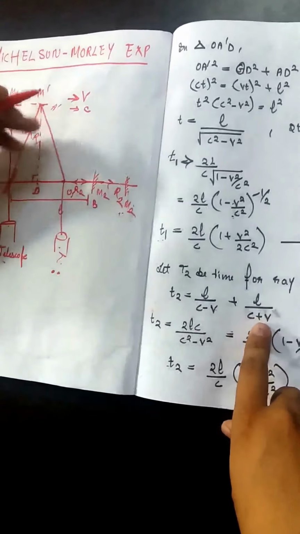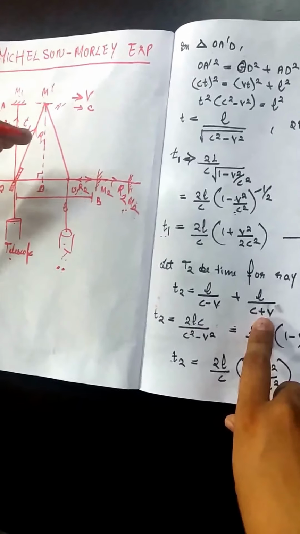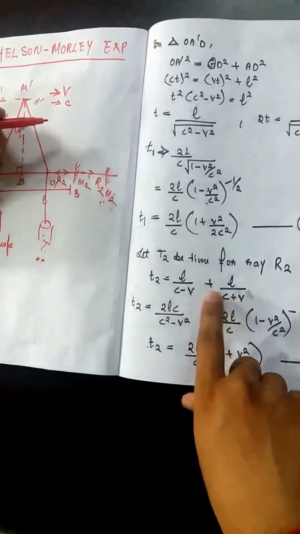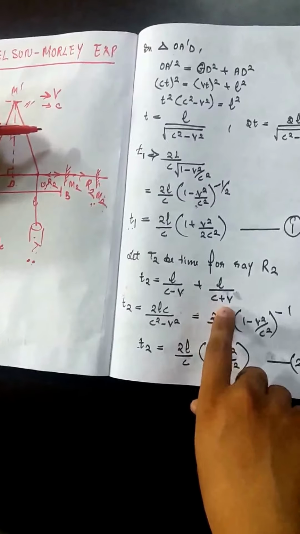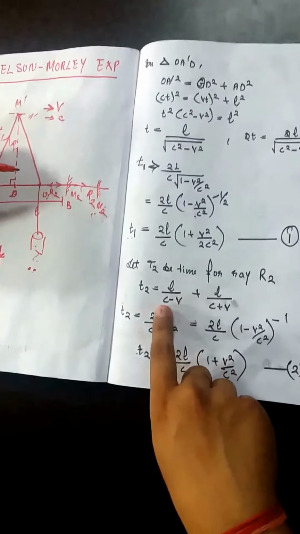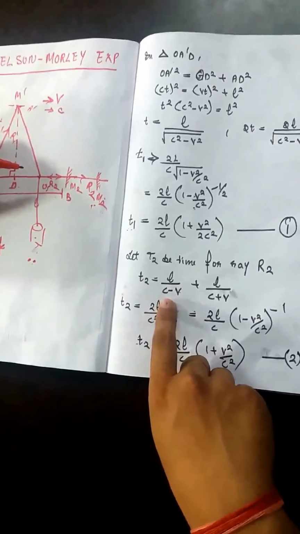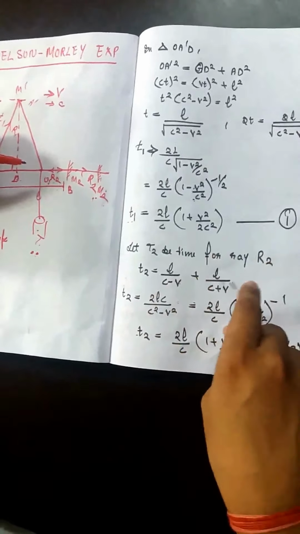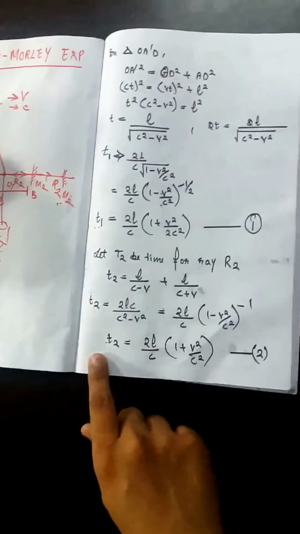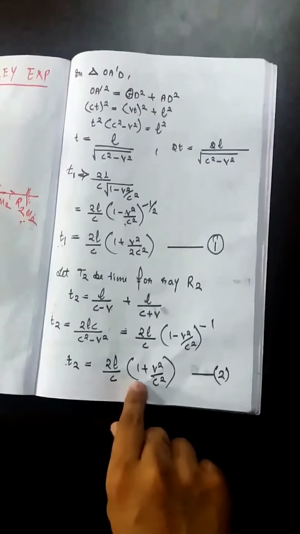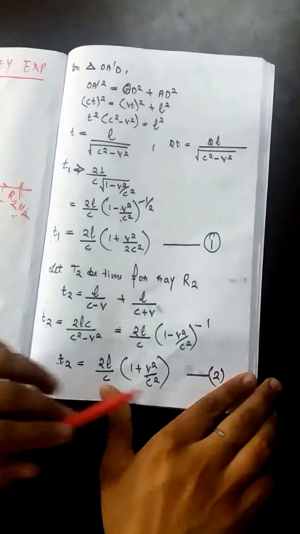So when the ray travels in the direction of the movement of the earth, both velocities get added, so it will be L upon c plus v, and when it returns back, the direction will be opposite, so it comes out to be L upon c minus v. We take the binomial approximation as taken above, and T2 comes out to be 2L by c into 1 plus v square upon c square. We have named this expression T2.